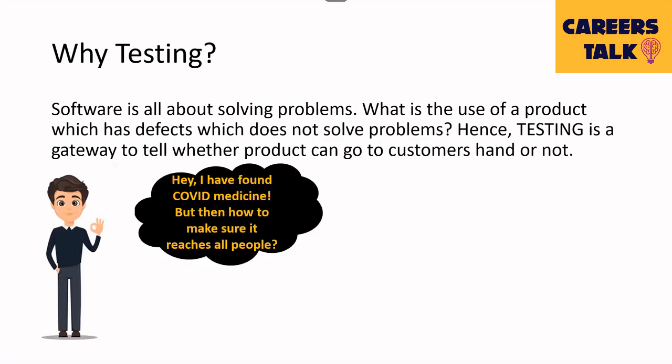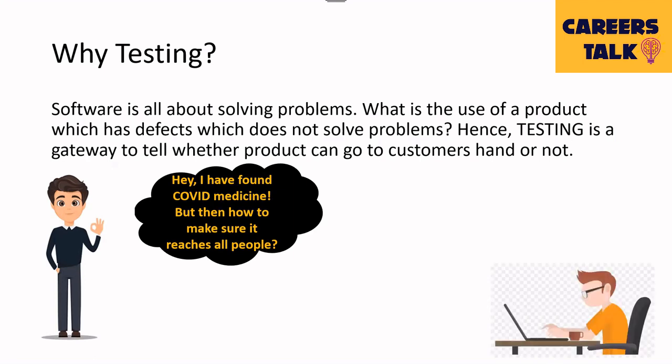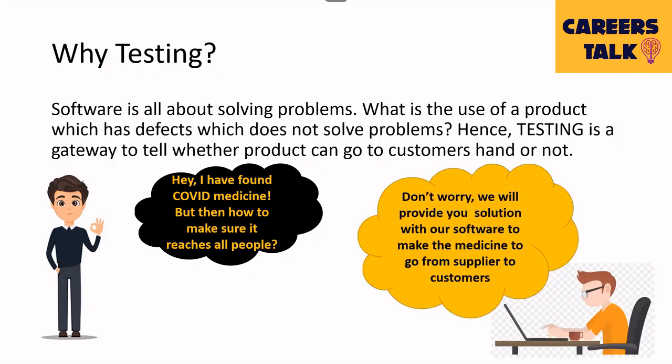So for example, this person says, hey, I have found a COVID medicine, but then how do I make sure it reaches all people? This is a problem here. Of course, with his intelligence or with his set of team, he has developed a medicine, but how does he make sure it reaches all people's hands? And this is where this person, our software engineer, I mean, as a software team, right? He's going to say, hey, don't worry. We will provide you a solution with our software to make the medicine go from supplier to customers.